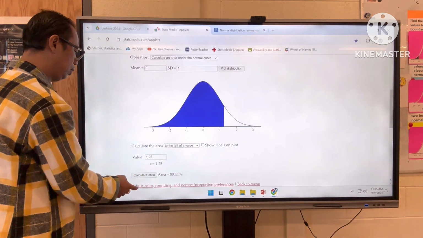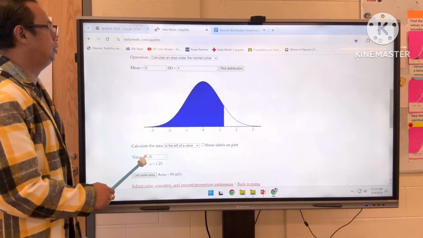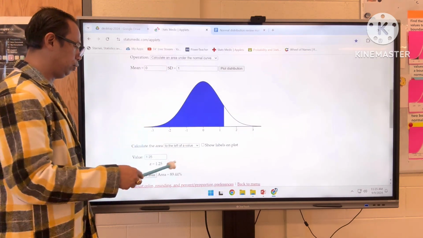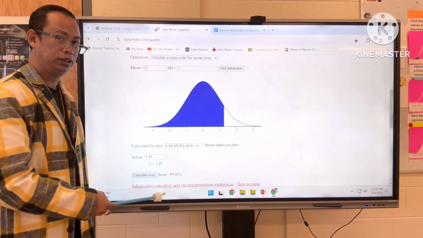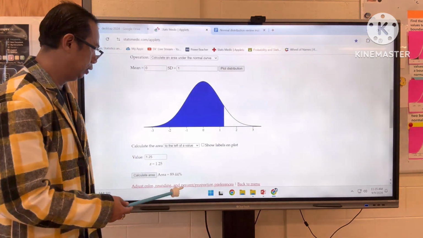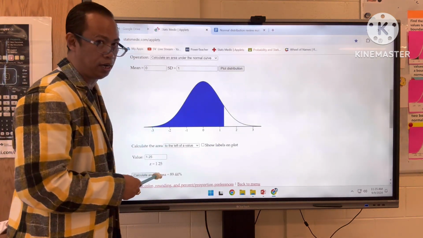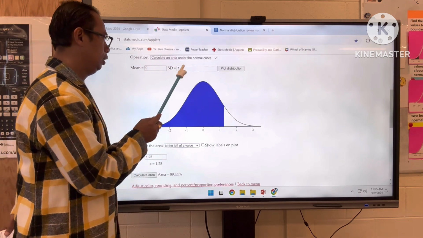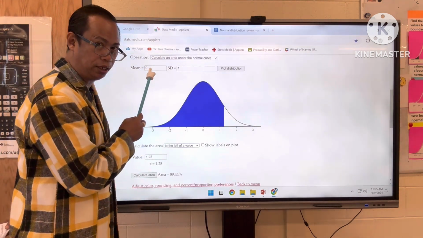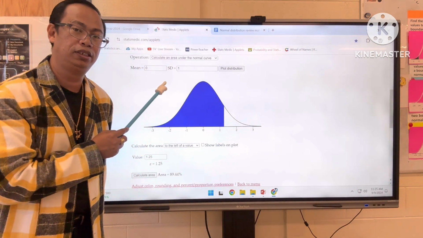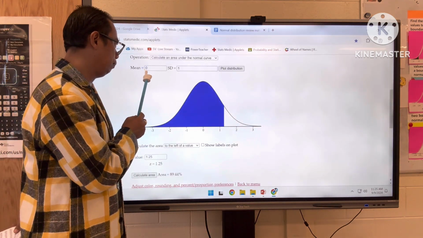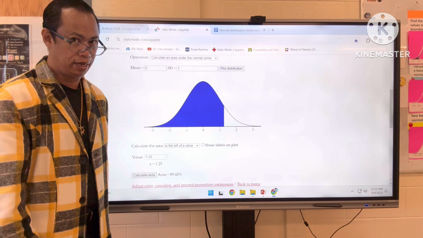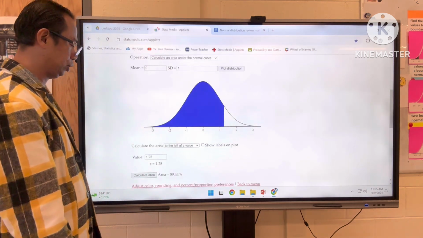See, it's still the same. Even though we change the values, the answer is still 89.44. But this is standardized because we use the z value, 1.25, and a mean of 0 and SD of 1. That is the standardized normal distribution.